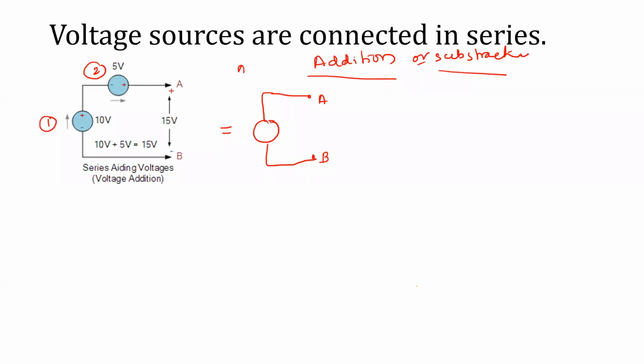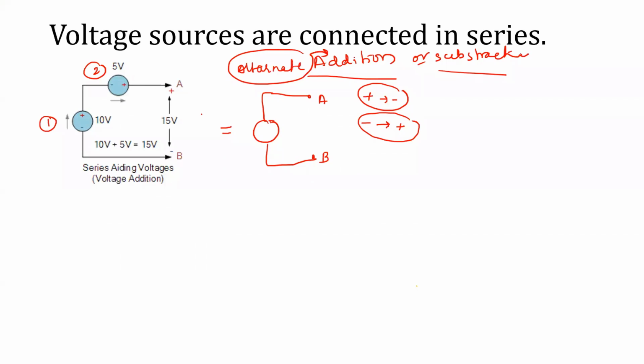When alternate polarities are connected. That is, when positive terminal is connected to negative of the other source, or when a negative terminal is connected to a positive terminal of the other source. We can observe here, the positive terminal is connected to the negative terminal. If this is the case, then the result of the source is addition of these two values.